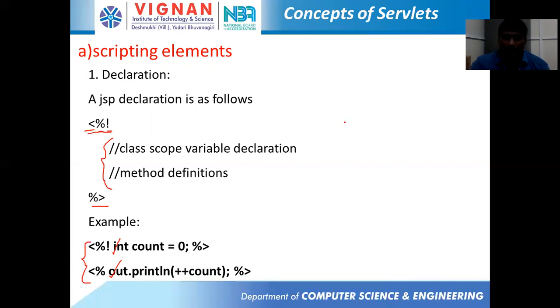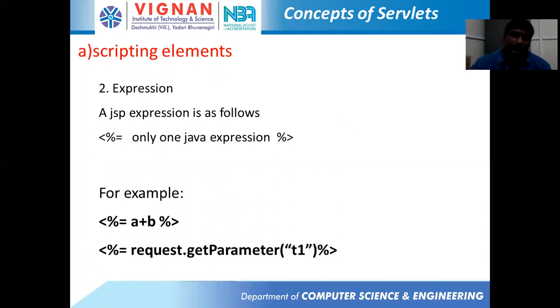This is about declaration. Next, expression. The syntax of the expression is like this: angle bracket, percent, equal. There is no space. This is the syntax, and this is the end of the expression. We can write only one expression. If you use this, you can write only one expression within it. For example, a plus b.